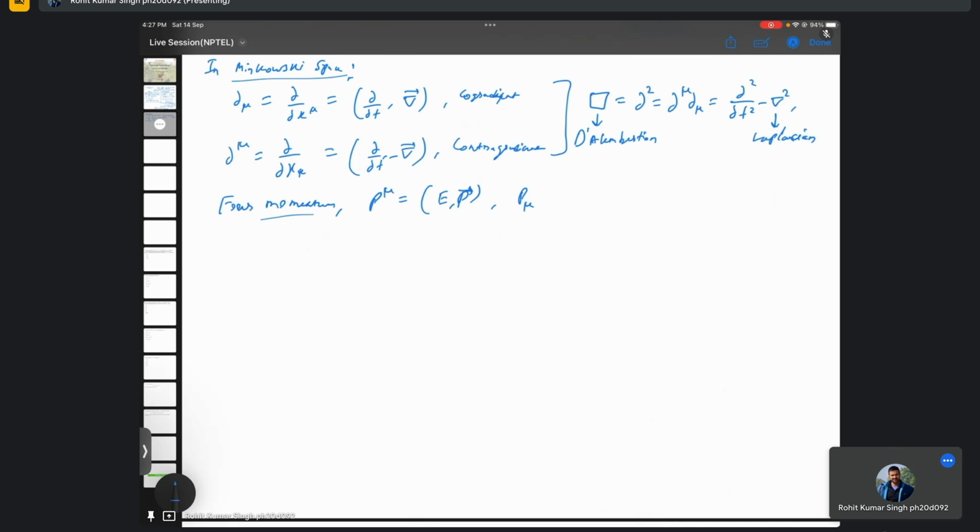This is the contravariant, and the covariant one we can write with a negative sign. Here we have assumed that the speed of light c is equal to 1.